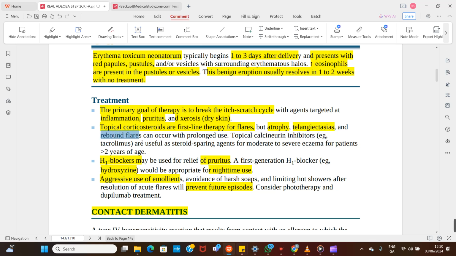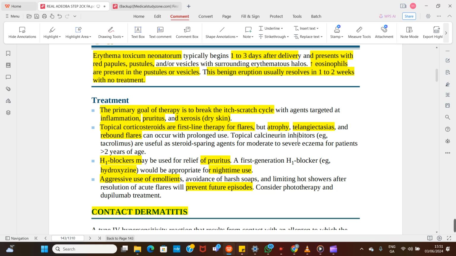Once you use your corticosteroid for a long time, there's a high chance of rebound, skin atrophy and telangiectasias. So you have to be careful with the duration of use. But most of the time, if they put it in the question, the first line for treatment of atopic dermatitis, we are going to pick topical corticosteroid application, right?